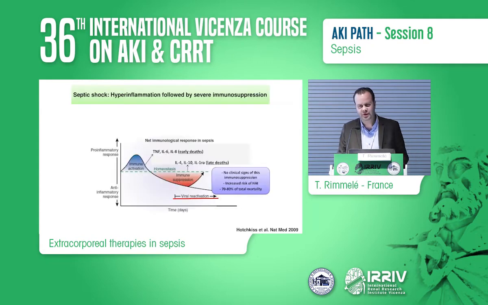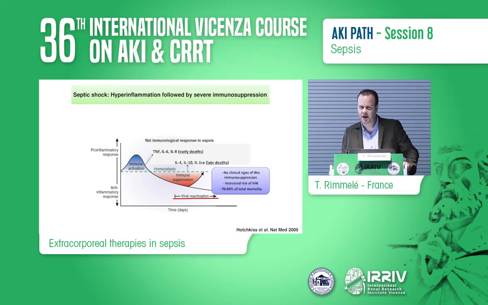So as an introduction, I would like to remind you that when there is a bacterial insult, the body reacts with a double inflammatory response, with a pro-inflammatory component and an anti-inflammatory component at the same time. But the net balance is more on the pro-inflammatory side during the first days, and then after a few days, the net balance is on the anti-inflammatory side.